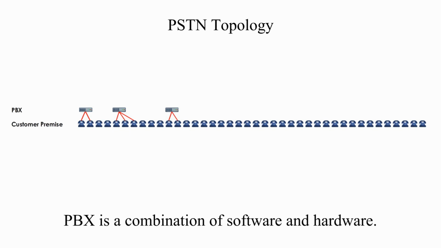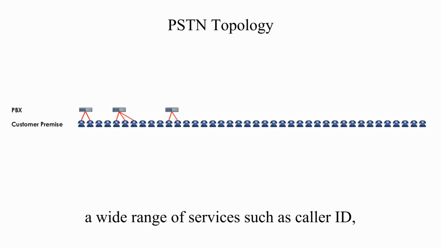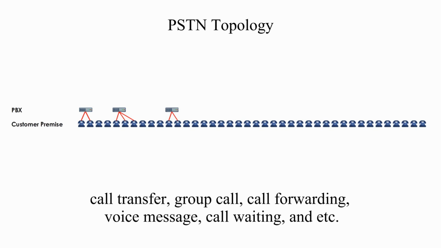PBX is a combination of software and hardware. A PBX allows all the phones in the organization to be connected internally and externally with a wide range of services such as caller ID, call transfer, group call, call forwarding, voice message, call waiting, and so on.